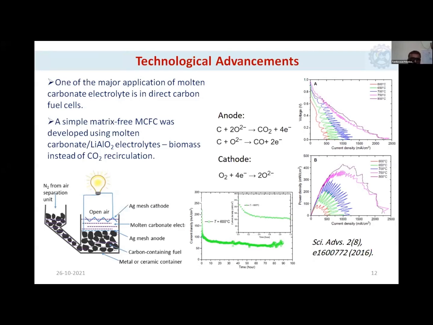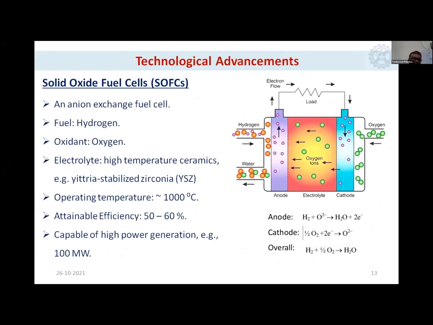Okay. And another anion exchange fuel cell is the solid oxide fuel cell. If you see the previous two fuel cells, we used liquid phase electrolytes. Those devices have some inherent limitations because of this liquid phase and high temperature operation. Now, this solid state fuel cell is a solid oxide fuel cell.